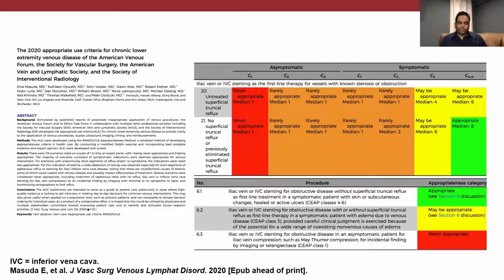So again, to summarize, stenting without superficial venous reflux in patients with C4 through C6 is considered to be appropriate.